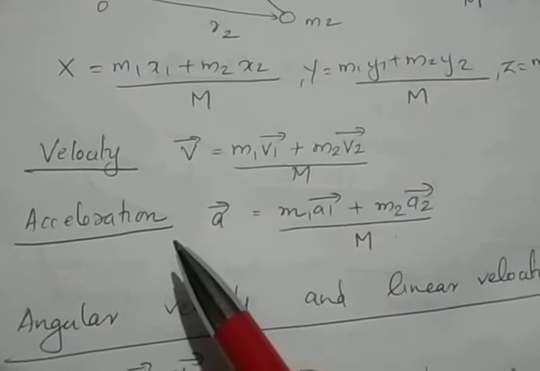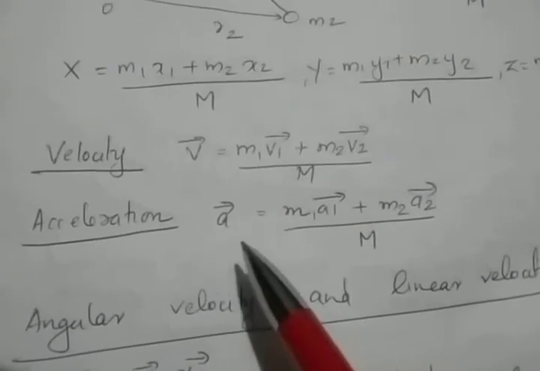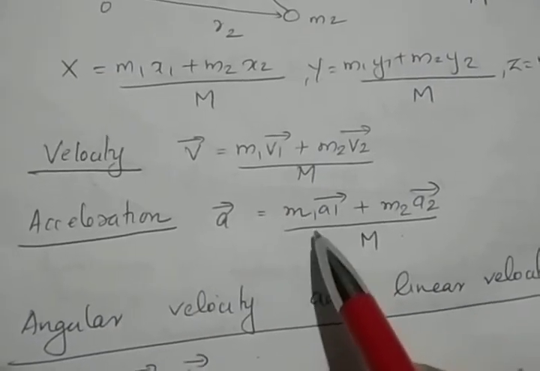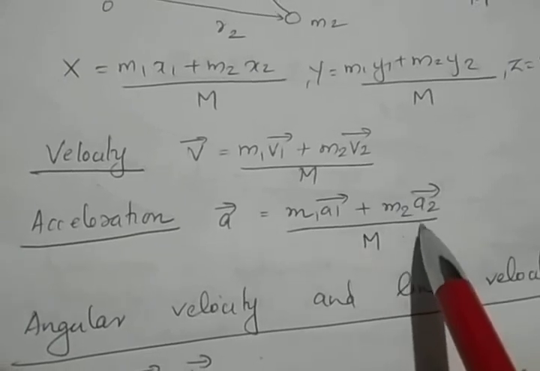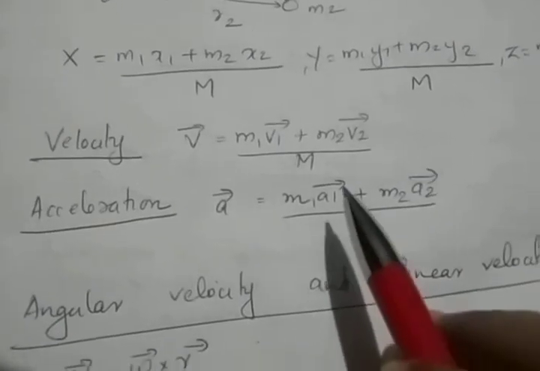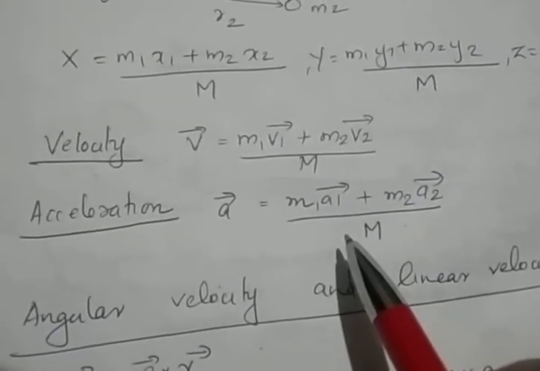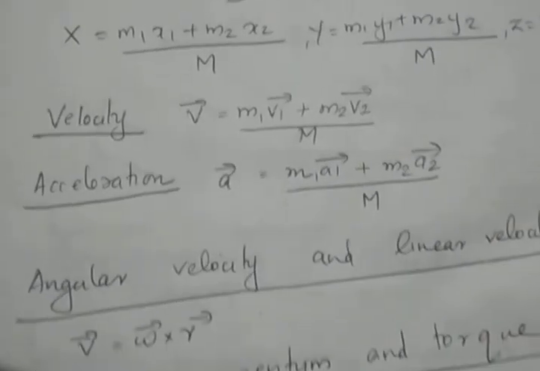And similarly, acceleration of the center of mass of a two particle system is m1 a1 plus m2 a2 by capital M, where a1 and a2 are the acceleration vectors of the particles.